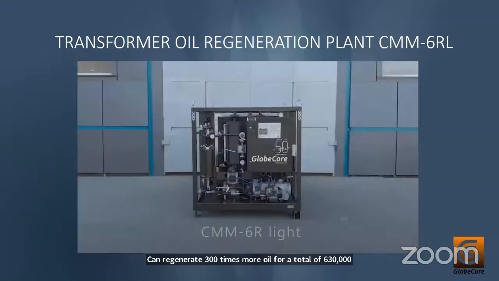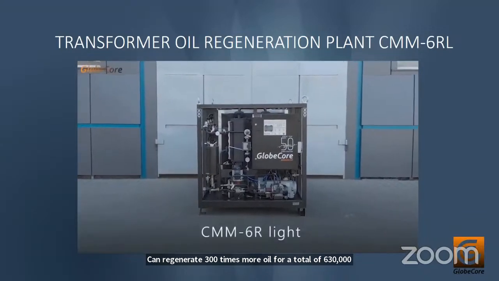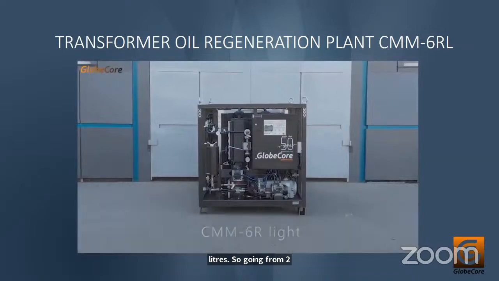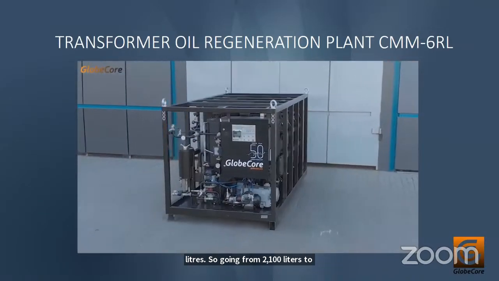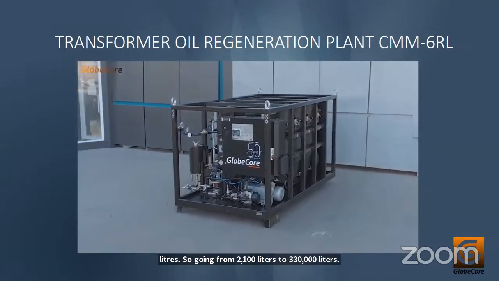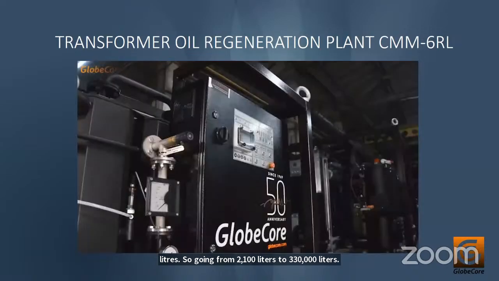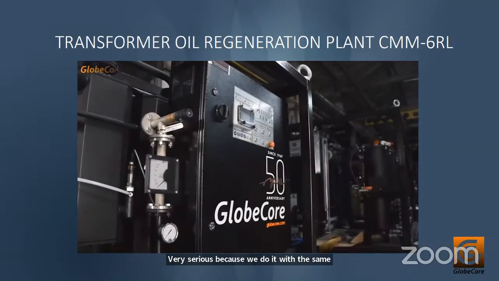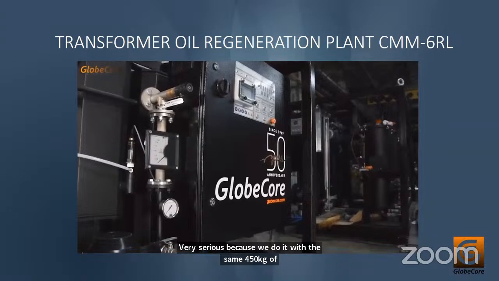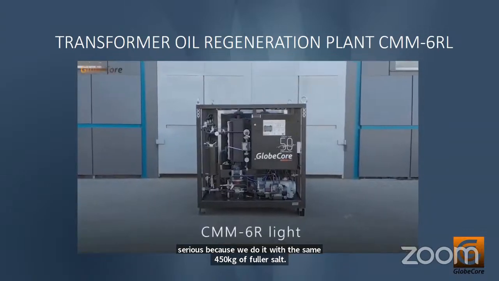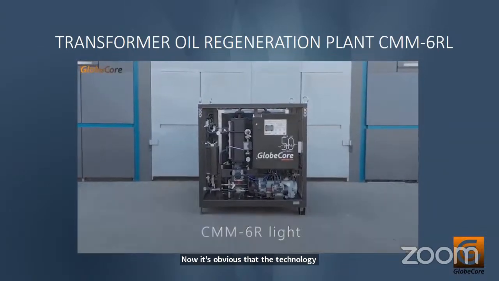So going from 2,100 liters to 630,000 liters is very serious because we do it with the same 450 kilograms of Fuller's earth. Now it's obvious that the technology that allows reactivation of the sorbent is much more efficient.